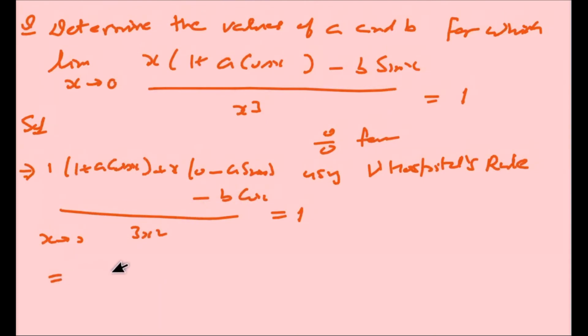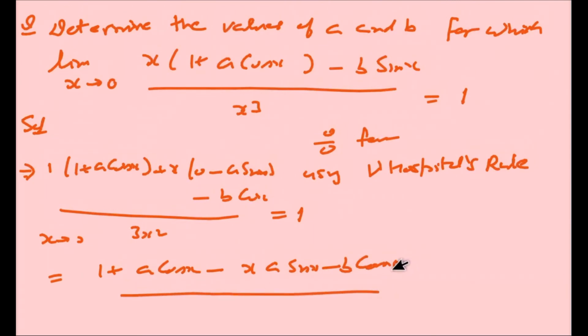We are getting (1 plus a cos x minus x a sin x minus b cos x) upon 3x square equal to 1, as x tends towards 0. After simplification, we are getting this value.